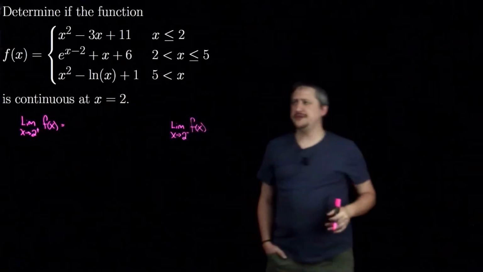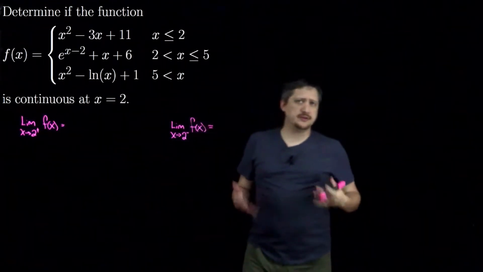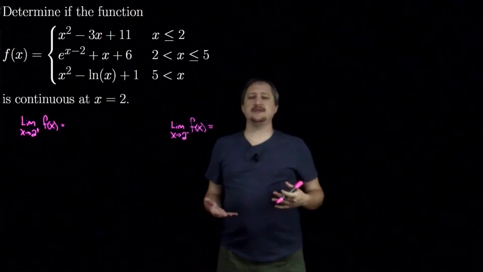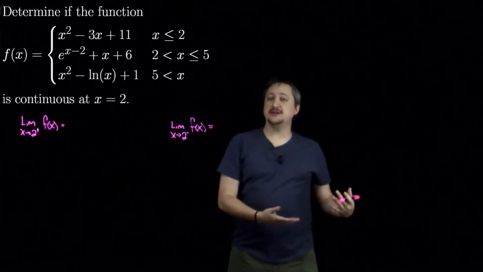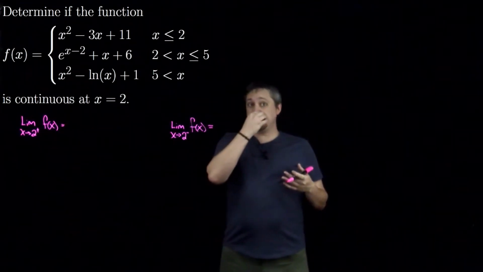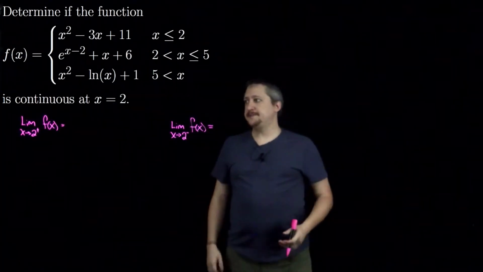So I'm going to compute both of these things and see if they're equal. If they're not equal, it means the limit doesn't exist there, which means it's not continuous. But if they both exist and they are both equal, then the limit exists, and I have to keep going from there.